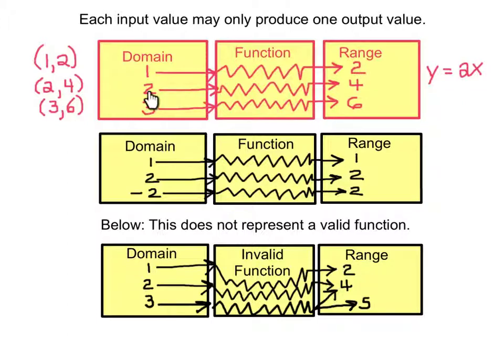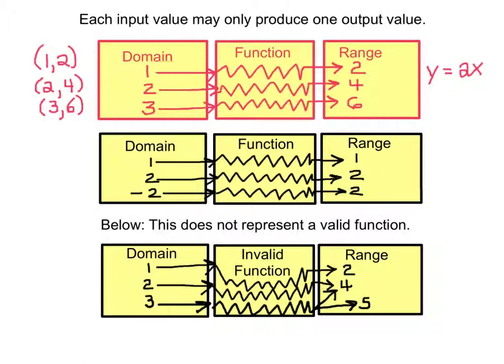When we input 2 into our function, the input 2 is multiplied by 2. 2 times 2 is 4, so y equals 4, which is why we get a 4 in the range. That gives us the ordered pair 2, 4.